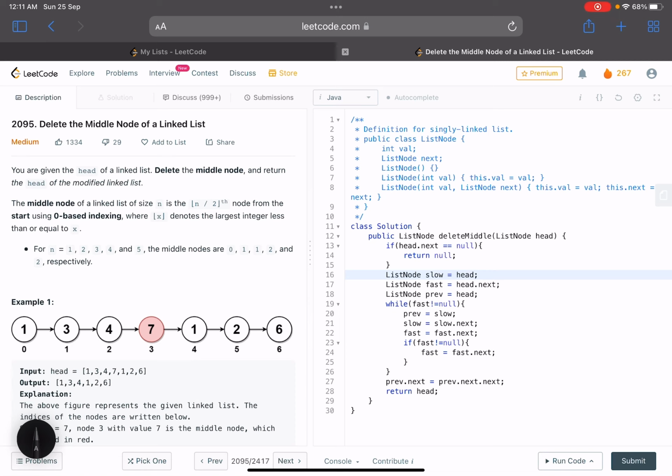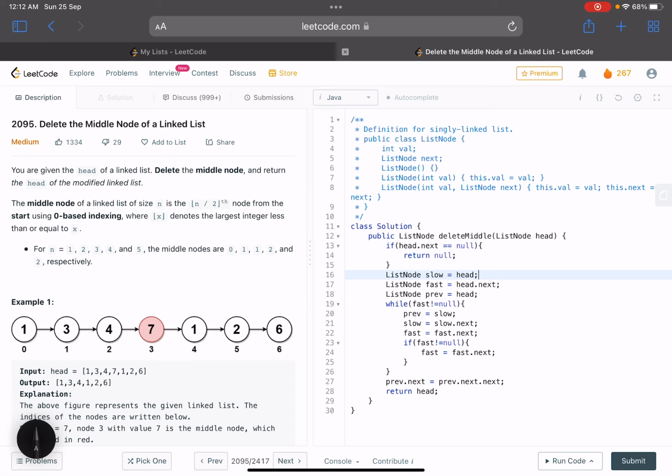So previous equals slow, because if you see the diagram on the left side, when the slow pointer reaches 7, that means I've reached the midpoint, and the fast pointer will obviously reach the end point, right? So now I need to delete node 7, and my slow pointer is on node 7. Obviously I can't delete a node on which I'm standing, right?